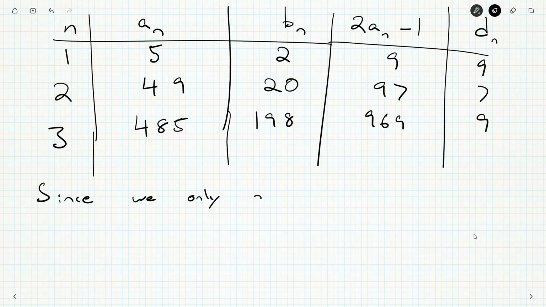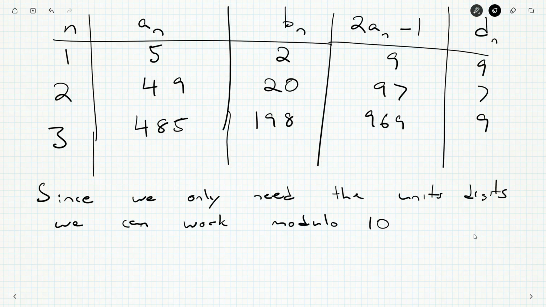Since we only need the units digits, we can, and you might want to justify this a little bit more, we can work modulo 10. So just working with units digits, basically. And then it'll all work out.